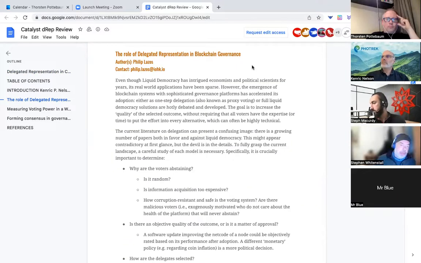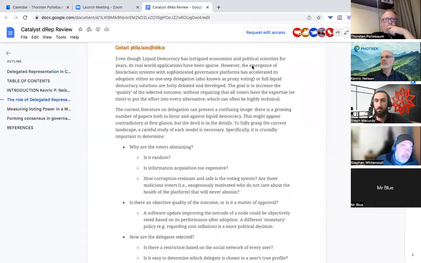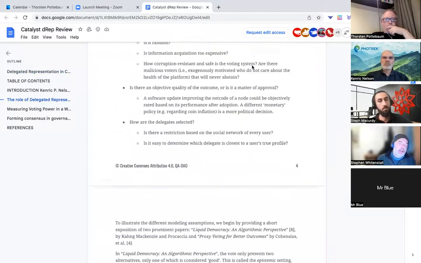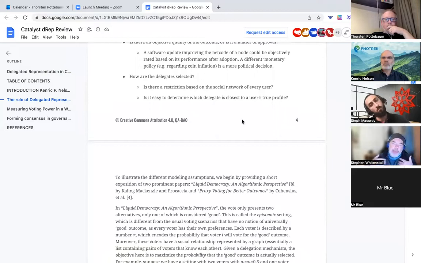It's about differences of opinion, and he just wanted to put that out there as a different kind of consideration. Finally, how are delegates selected? It's a very important point because this is about who can access the franchise. Is it based on their social network, the amount of money they have, and is it easy to determine what they're standing for?